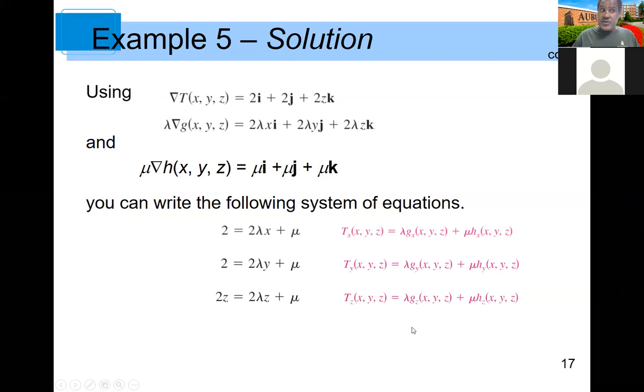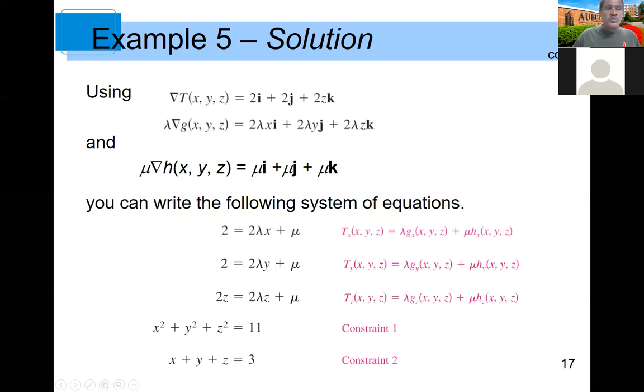And we have two other functions, don't forget them. The constraint functions, what are they? X squared plus y squared plus z squared is equal to 11, that's the sphere. And there is another one, x plus y plus z is equal to 3, that's the plane, okay? So how many equations do we have? 1, 2, 3, 4, 5 equations.